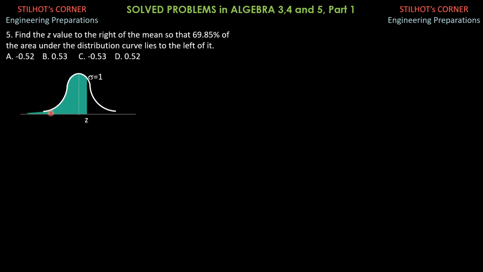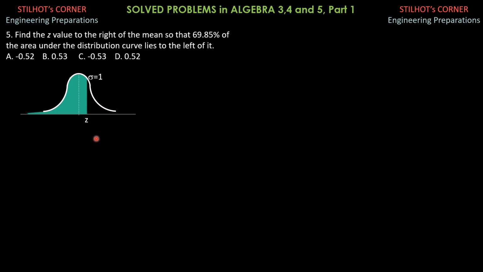Therefore, the density function, if you can recall, for standard deviation equal to 1, is the integral of the area of this, which is 1 over square root of 2 pi, then e to the negative 0.5 z square, then integrating, so dz.